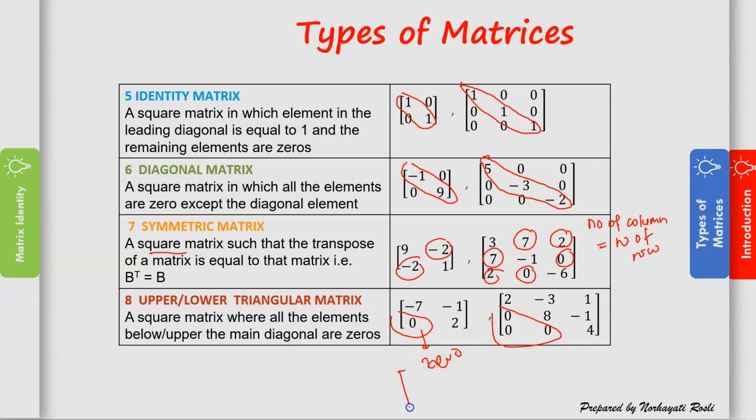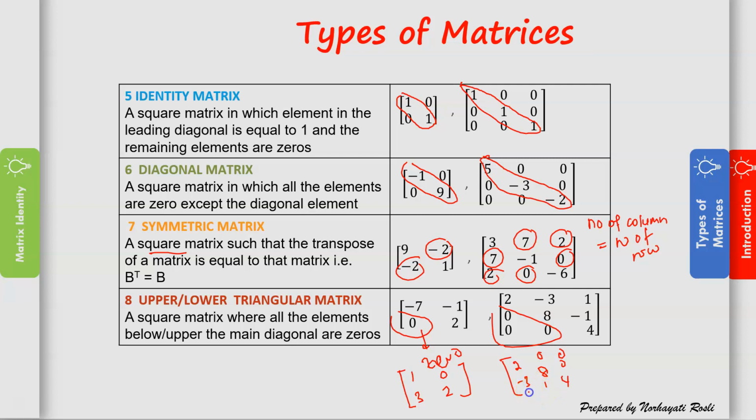For a lower triangular matrix, for example, you will have here 1, 2. Here you have elements, but the elements above the main diagonal are 0. And if I give one example of a lower triangular matrix, for example, we have 2, 8, 4. 0, 0 is here, but here is -3, for example, 1.